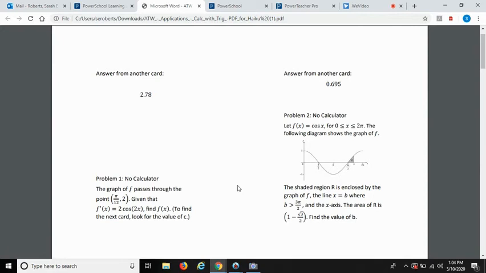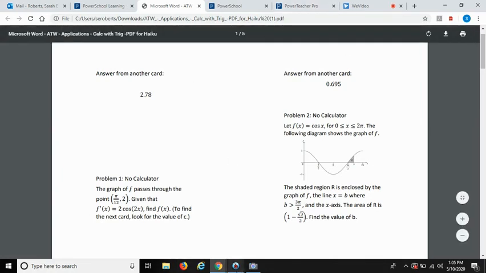The region R is enclosed by that, the line x equals b, where b is greater than 3 pi over 2, and the x-axis. The area of R is that. Find the value of b. Okay, so our area of R was 1 minus root 3 over 2.